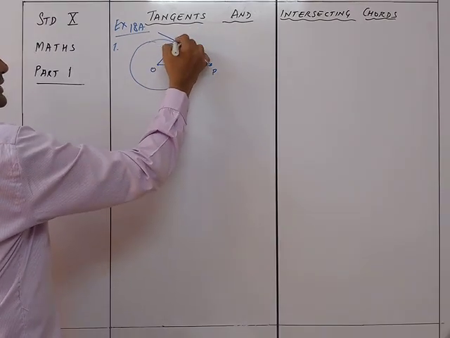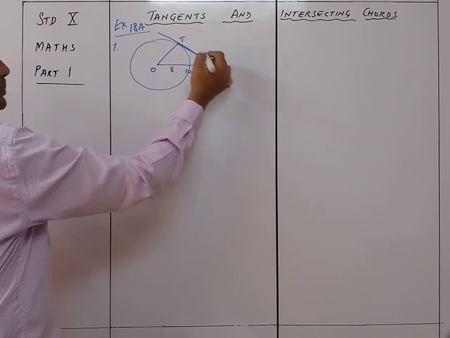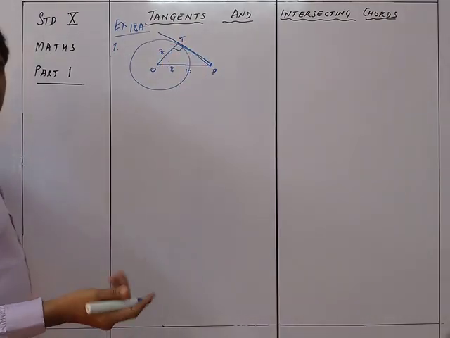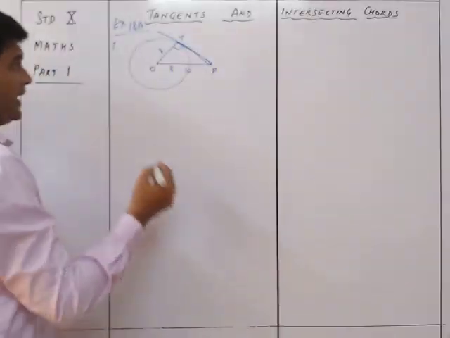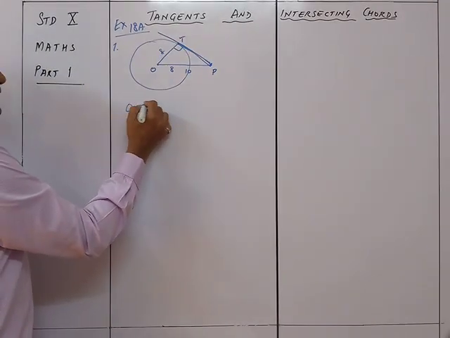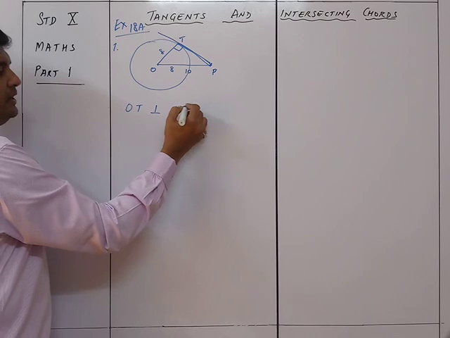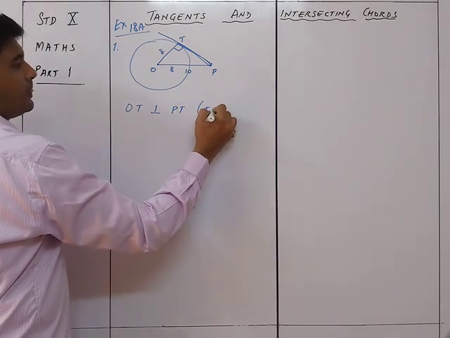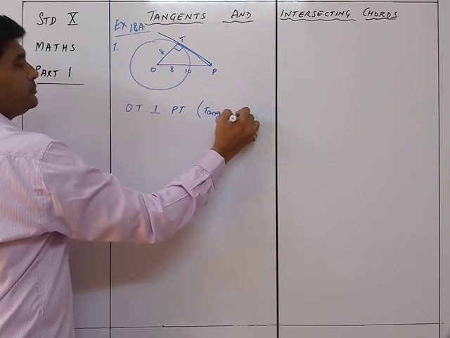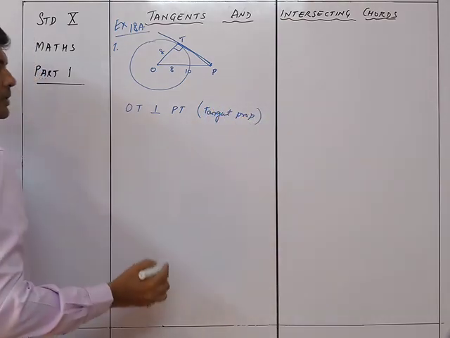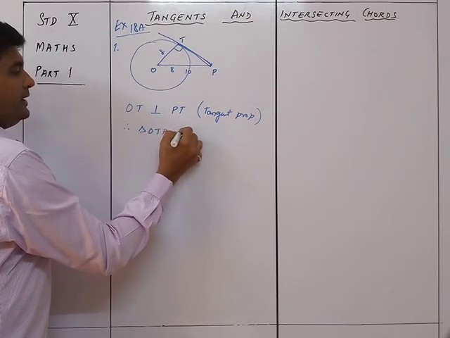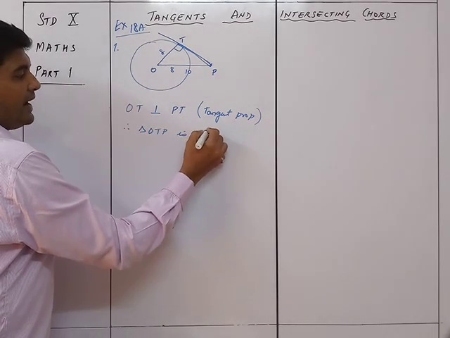So this is what you need to find out, PT. When this is 8, this is going to be 90 degrees. So it's a simple Pythagoras theorem. OT is perpendicular to PT because of the tangent property. Therefore, triangle OTP is a right angle triangle.